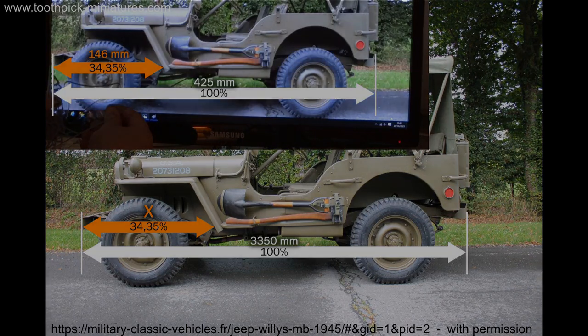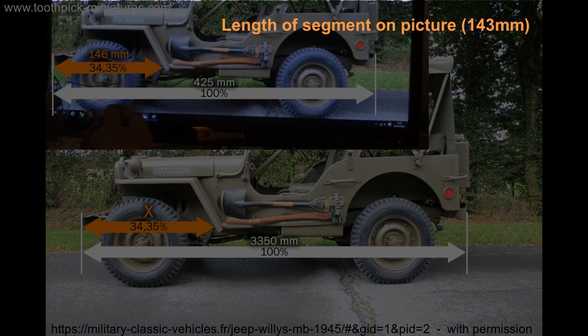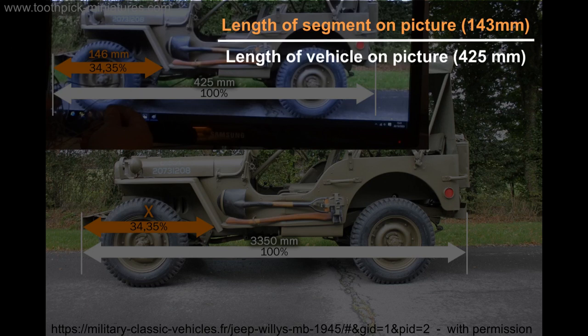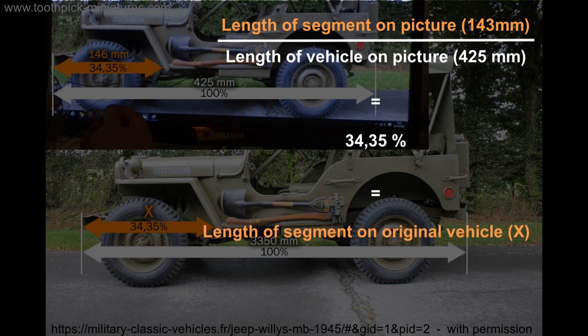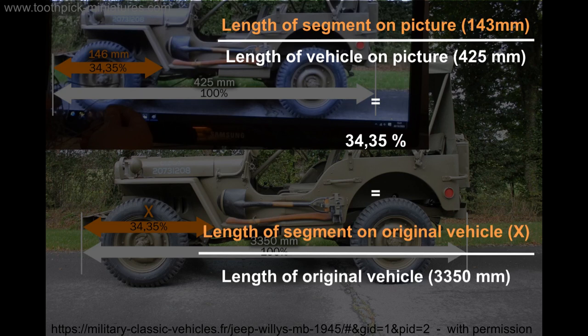This gives us the following formula. Length of segment on picture divided by length of vehicle on picture is equal to 34.35%, which is also equal to length of segment on original vehicle divided by the length of the original vehicle.